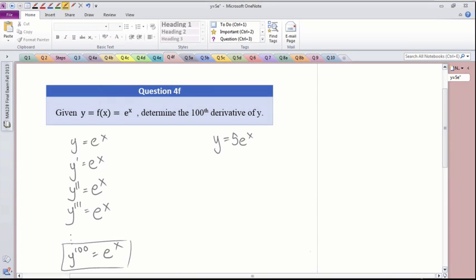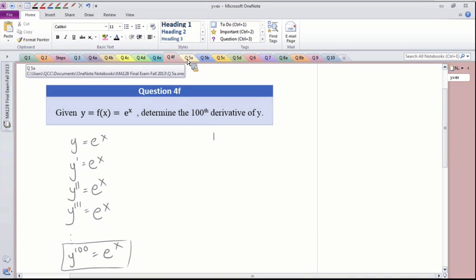Yeah, y equals 5e to the x would be the same. So any other questions for 4f?